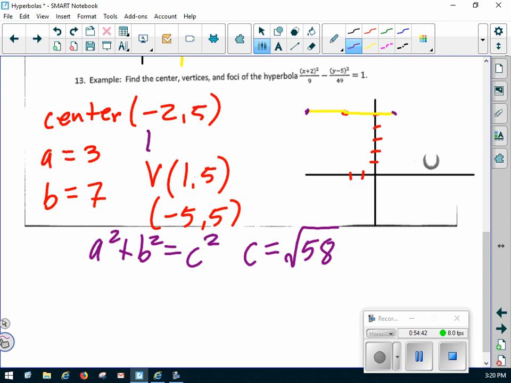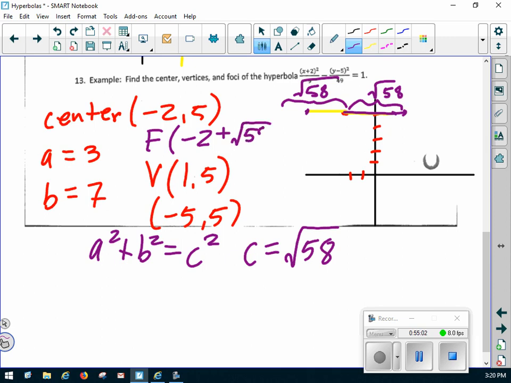So my foci are going to be, I got to go out square root of 58 from here, and I got to go out square root of 58 from here. Well done. Good.